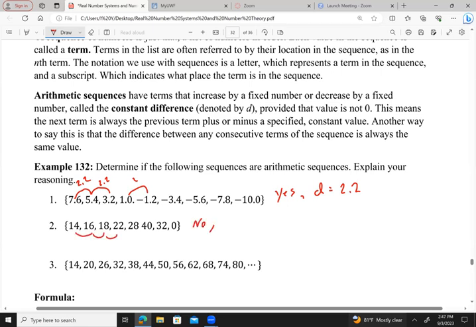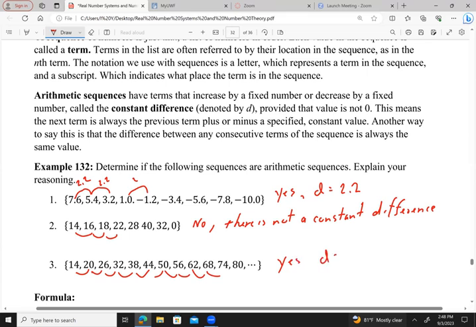No, there is not a constant difference. How about here? The difference here is 6, 6, 6, and so on. So yes, D equals 6.